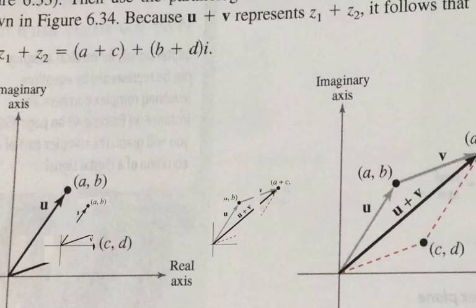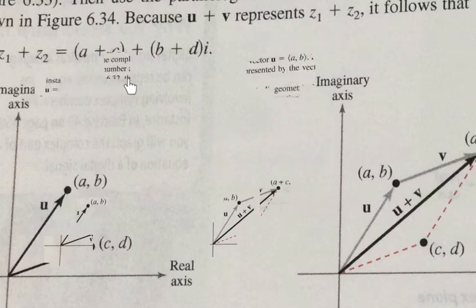Can y'all see, or am I in the way? So again, a complex number z, which is written as a plus bi, can be represented by the vector u in the coordinate system. For instance, in 6.32, the complex number z, which is 1 plus 2i, is represented by the vector u.